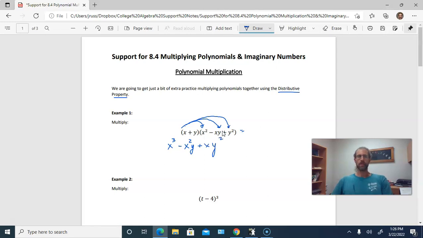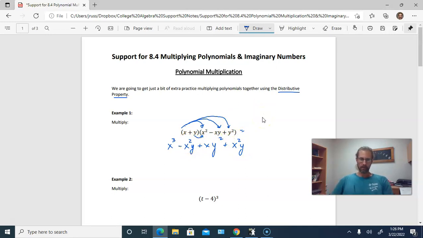xy squared. And then we're going to distribute the y on the bottom. So y times x squared, it doesn't matter the order, I'm going to put the x squared first and the y second, because that'll remind me that in a second this term can get combined with this term.